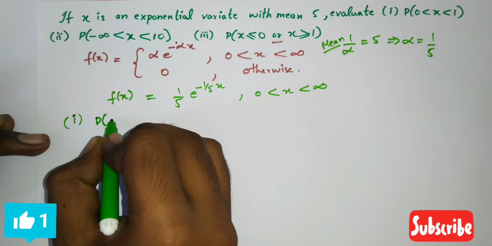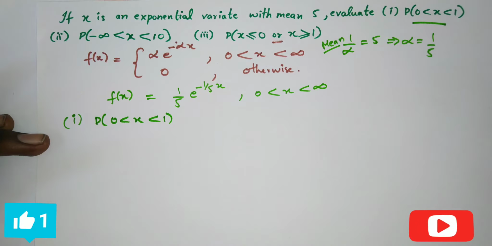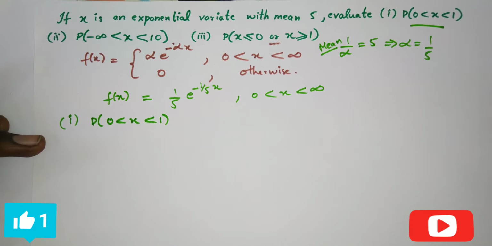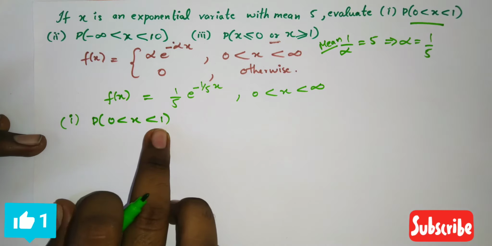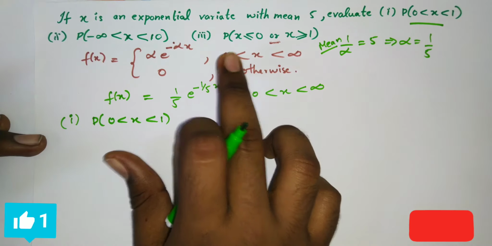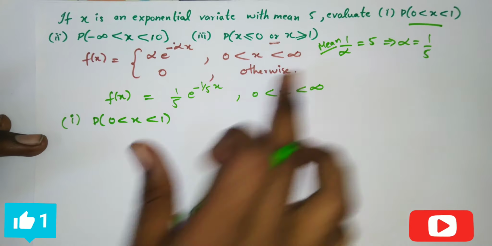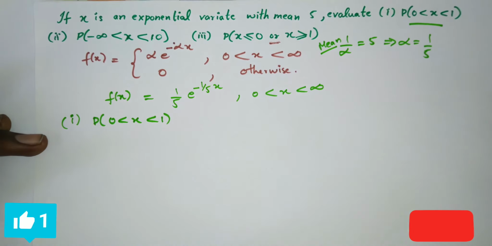Now we'll find the first part, P(0 ≤ x ≤ 1). This is a direct question. The function is applicable when x lies between 0 and infinity, so 0 to 1 lies within this interval.